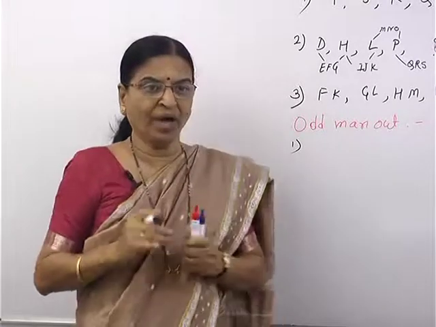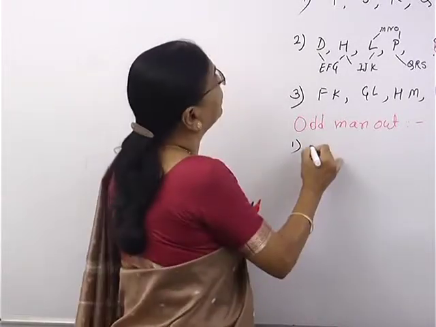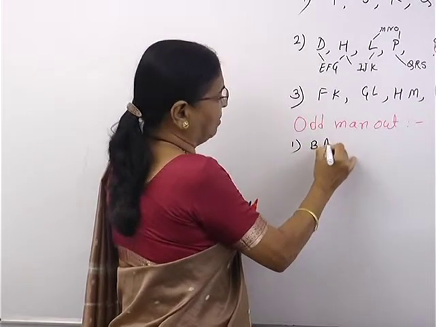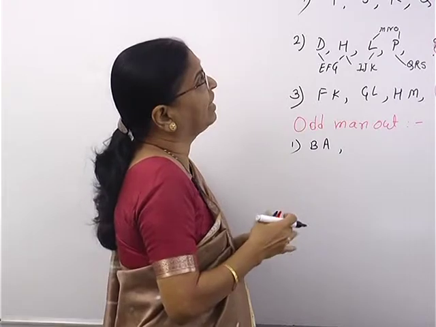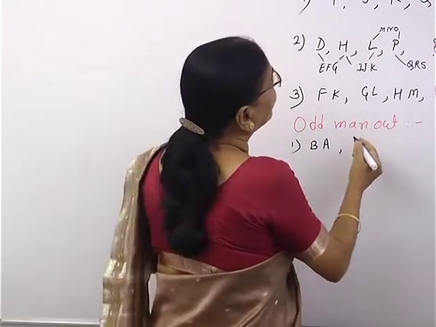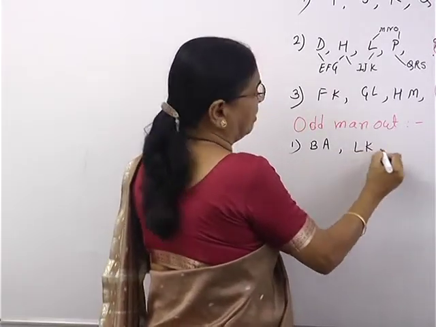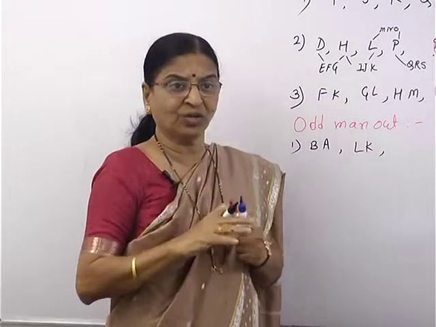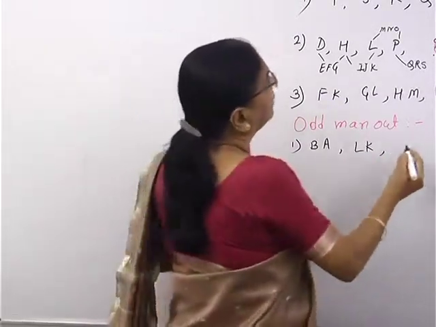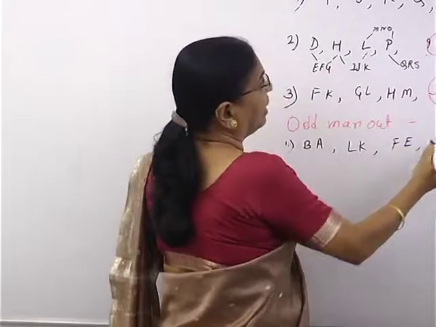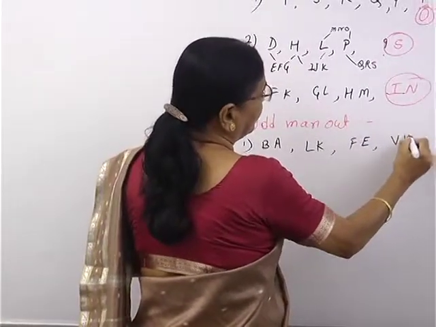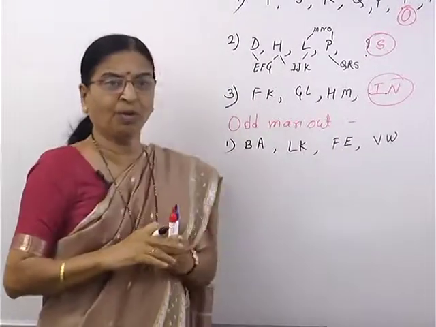See here, I have one letter group, that is BA. See, observe the number, and then I will have another, LK, then FE, and then VW. These are a group of 4.